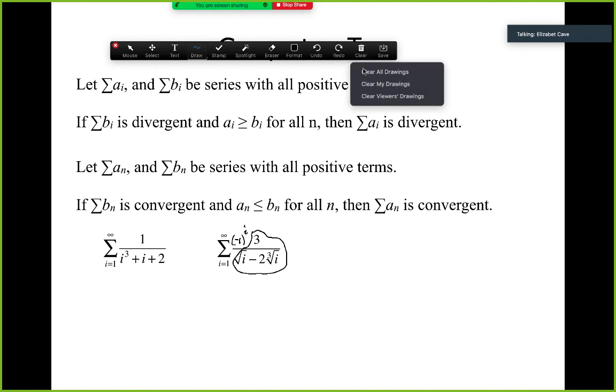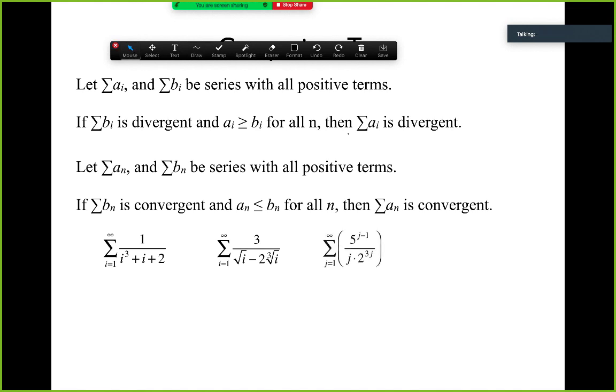Okay, next example. This one. So here I've got 5 to the j minus 1 over j times 2 to the 3j. What do we think about this? Well, we see two different things here. We kind of see the harmonic series in there, like 1 over j, and then you also see this geometric part to it.